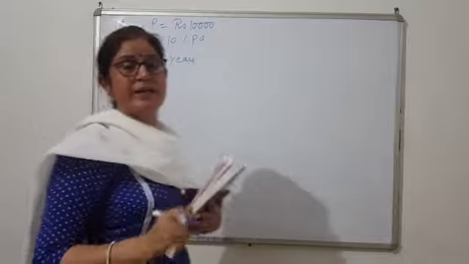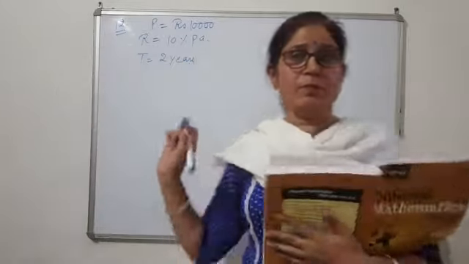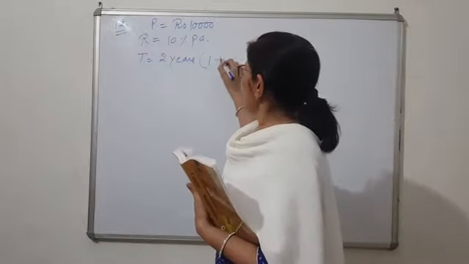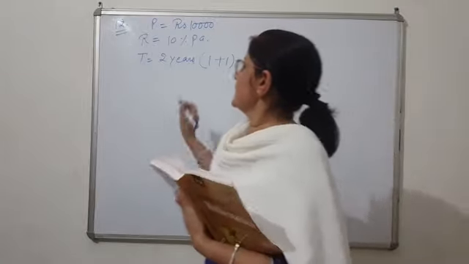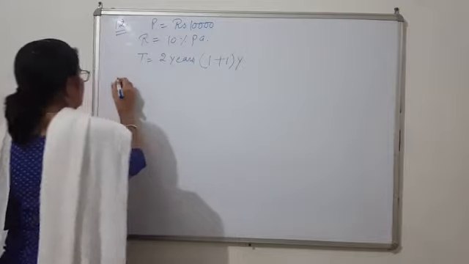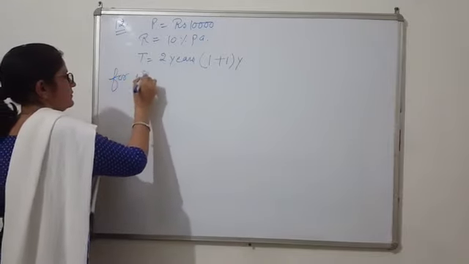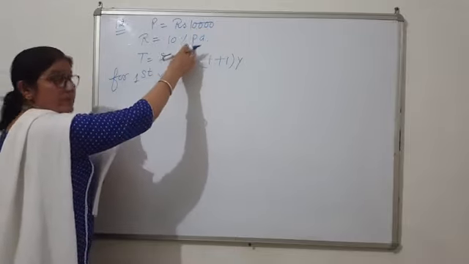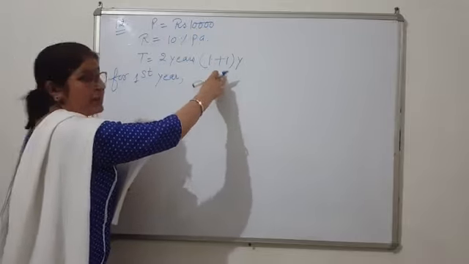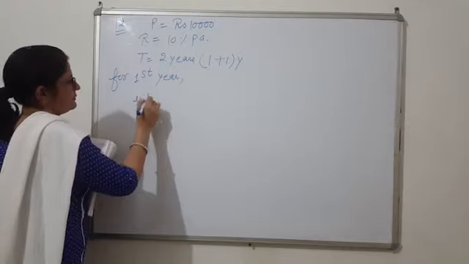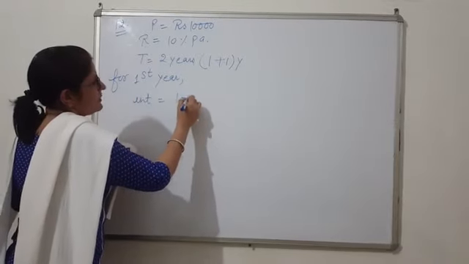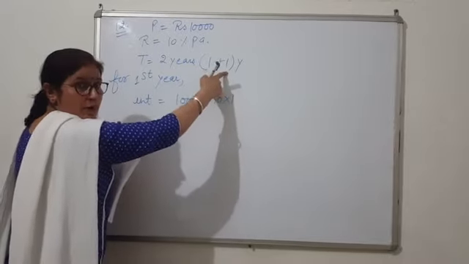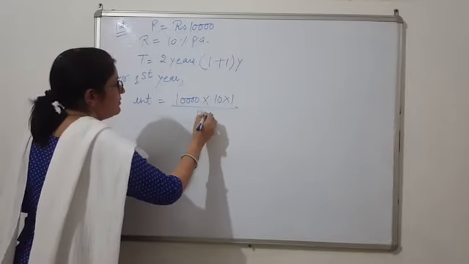Because it is compounded yearly, what will we do? We split this time into 2 parts, 1 and 1 year. So for the first year, with same principal, same rate, time we will take 1 year and calculate interest. 10,000 into rate 10%, time 1 year, upon 100.